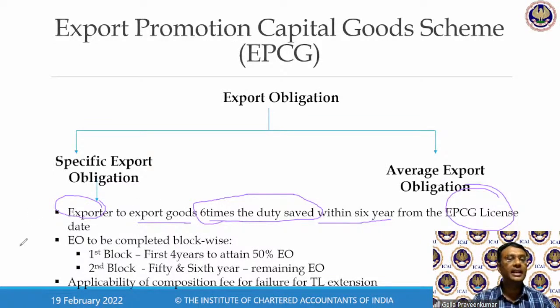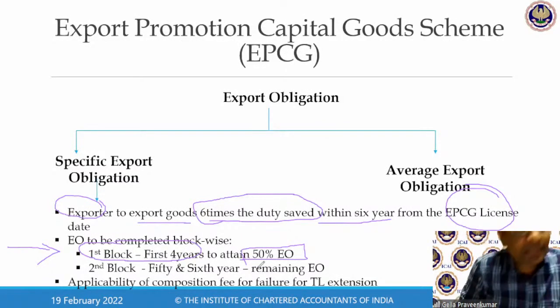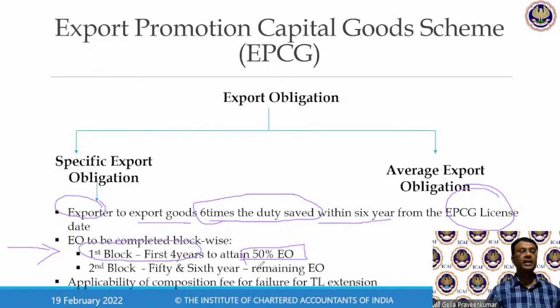Now, how do they specify? Look, this export obligation, within a block of 1 to 4 years, please attain a minimum of 50%. They don't say 39, 40, etc. Within a span of the first 4 years, year 1, year 2, year 3, year 4, minimum 50% of this export obligation.